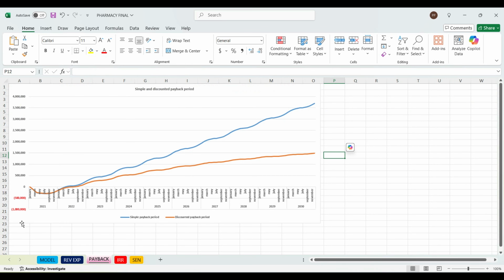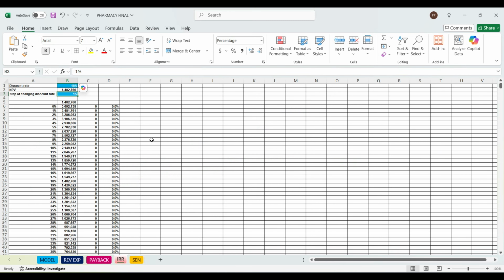Then we have simple and discounted payback period diagrams on the same chart. Then we are specifying the discount rate for the project. This cell is showing us, here we can specify the step with which we are changing the discount rate when we're calculating the internal rate of return.